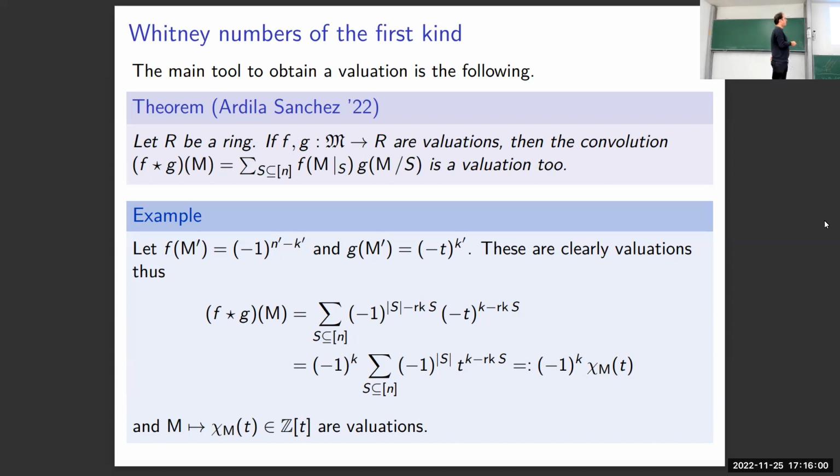Then I can use this trick and plug it in, and I get something which might look complicated, but this is the characteristic polynomial, a standard matroid invariant of the polytope. I titled this Whitney numbers of the first kind because the coefficients here are Whitney numbers of the first kind. So this is a way to construct a valuation.